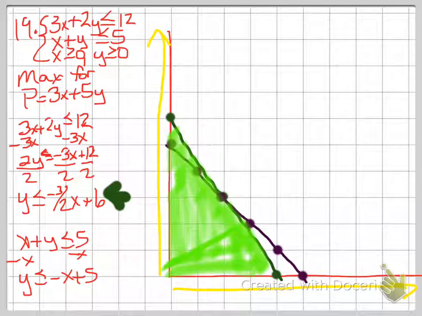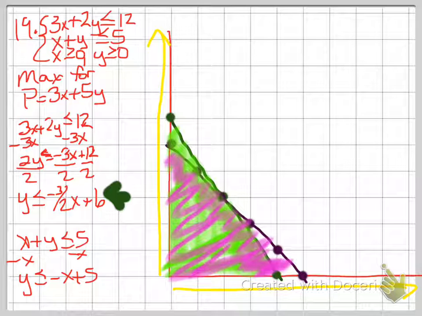And then let's get a purple back around here. There we go. Okay. And everything under the purple line. Okay.